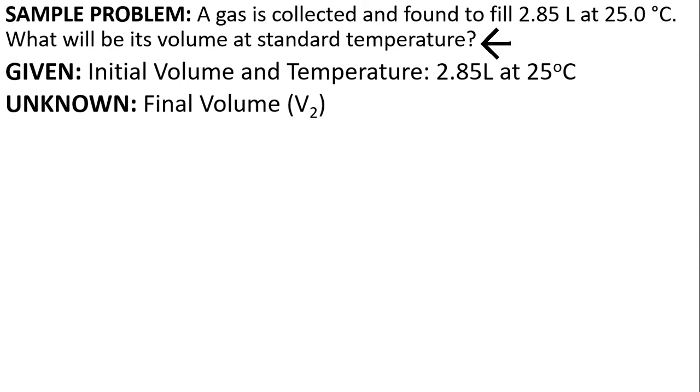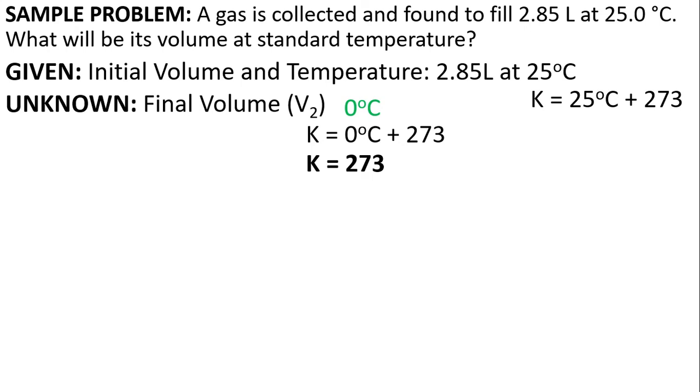If a gas is at STP, the temperature is 0 degrees Celsius. Since it should be in Kelvin, we convert this to 0 plus 273, so T2 is 273 Kelvin. Now let's convert the other temperature, T1, to Kelvin. 25 plus 273 gives 298 Kelvin.